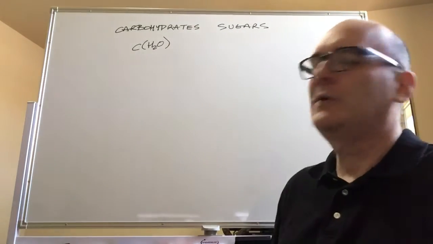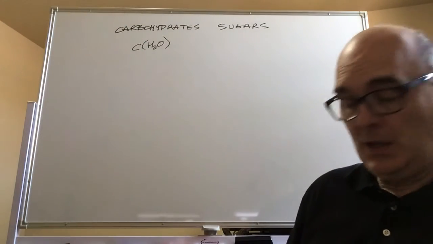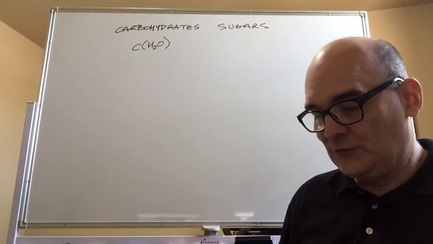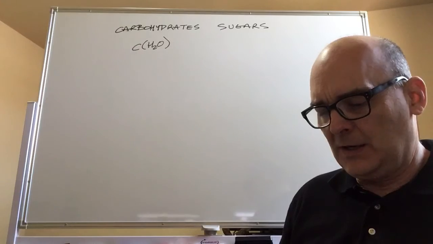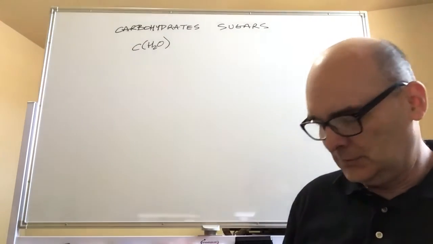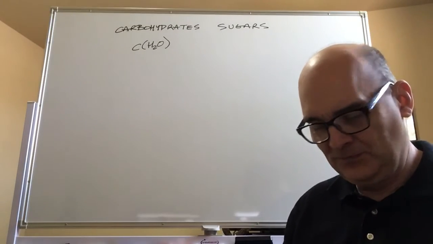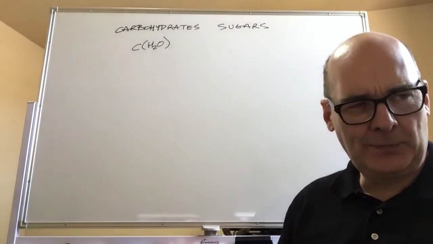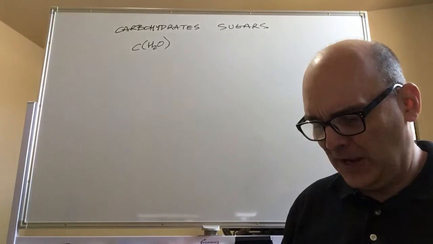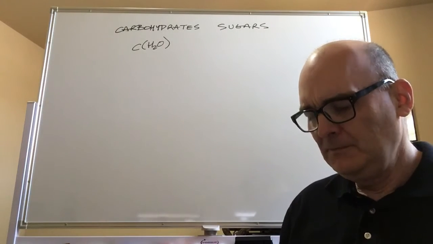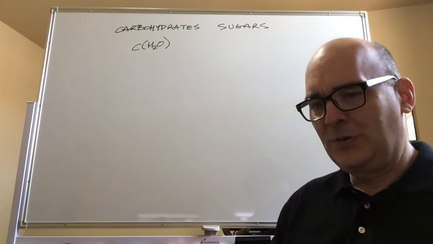All right, carbohydrates. Carbohydrates are sugars, and carbohydrates are moderately simple. They can get deceptively complex, but they tend to follow a predictable pattern.